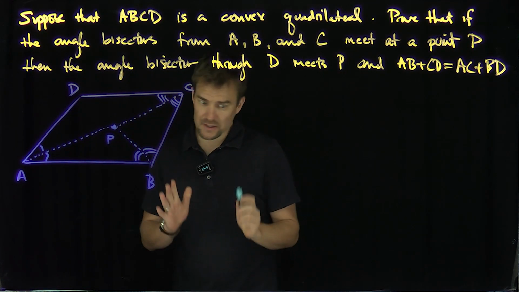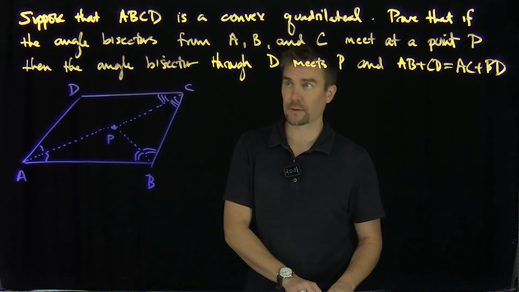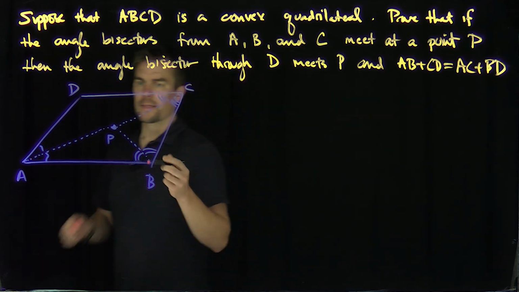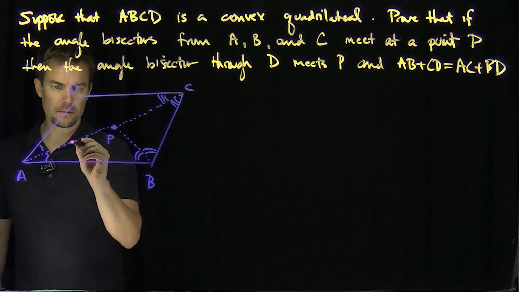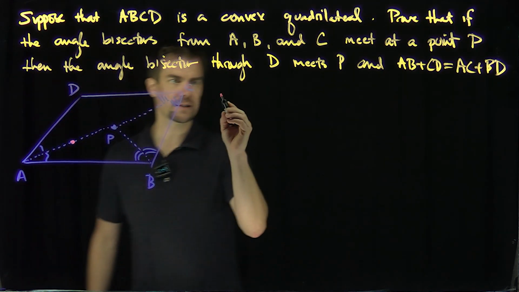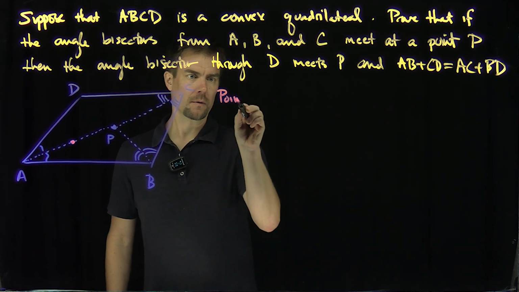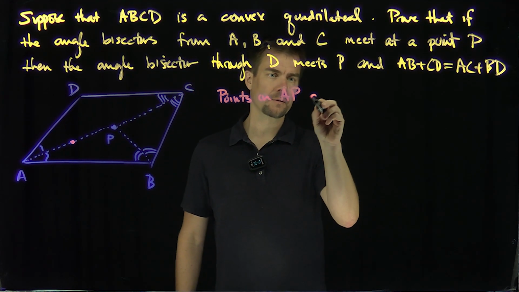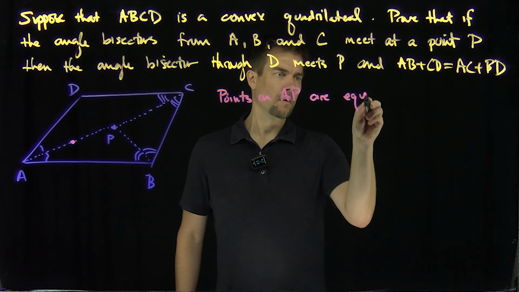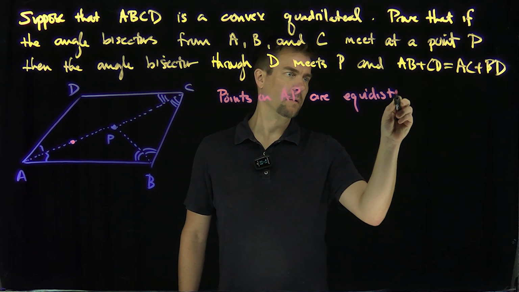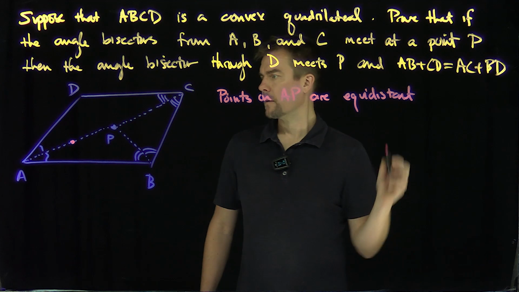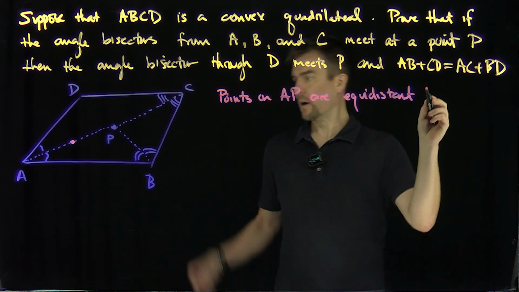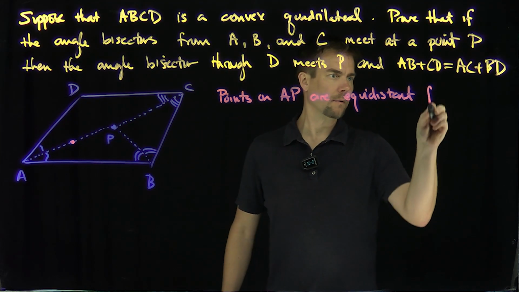Now let's think about the properties of angle bisectors. What do we know about angle bisectors? I know that the points on AP are equidistant from AB to AD.